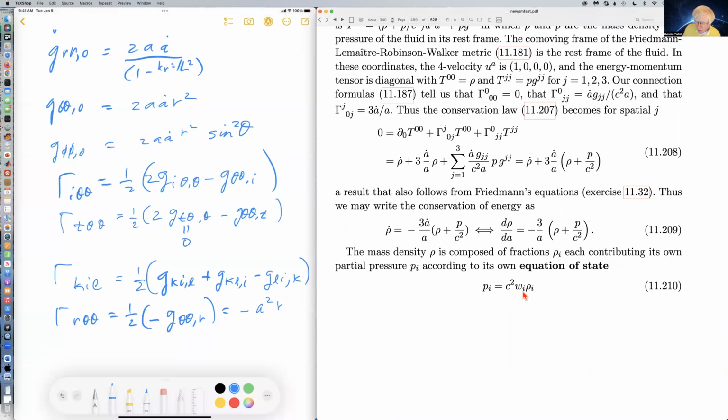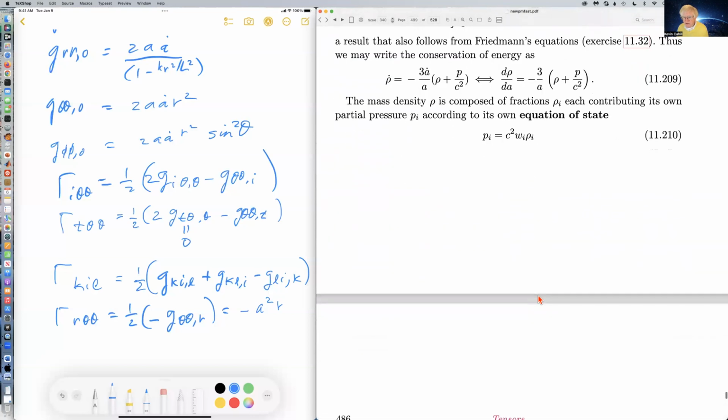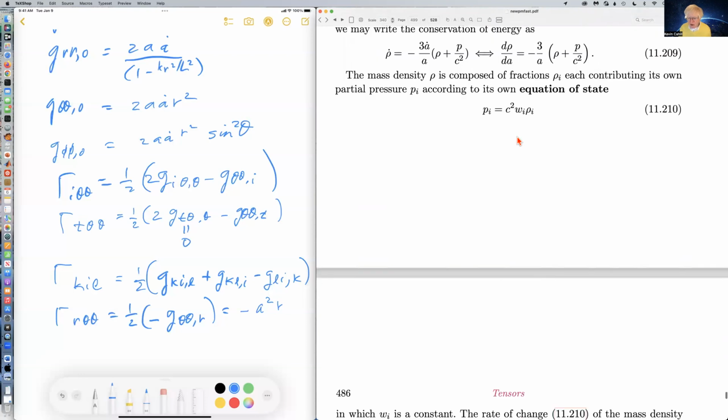And so to make sense of these equations and simplify them, one writes p sub i as c squared times the mass density of the ith component times w_i, which is how the ith mass density is related to the ith pressure.